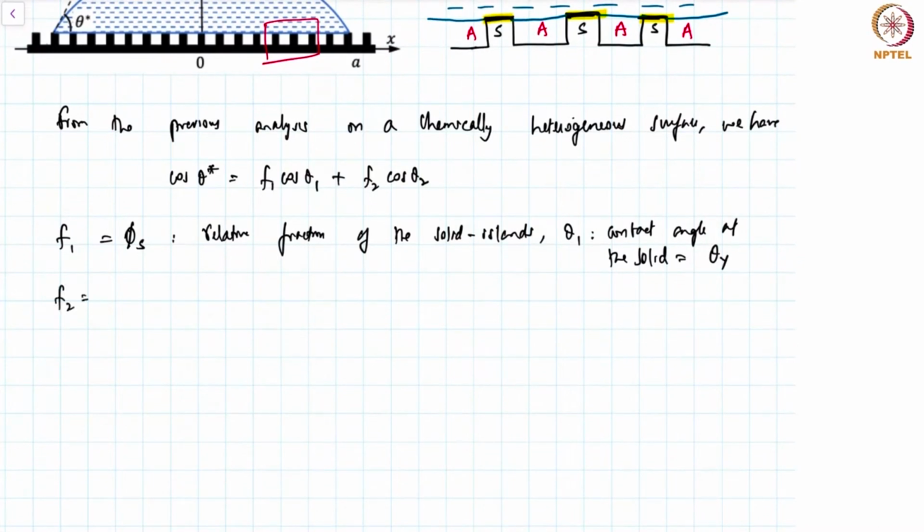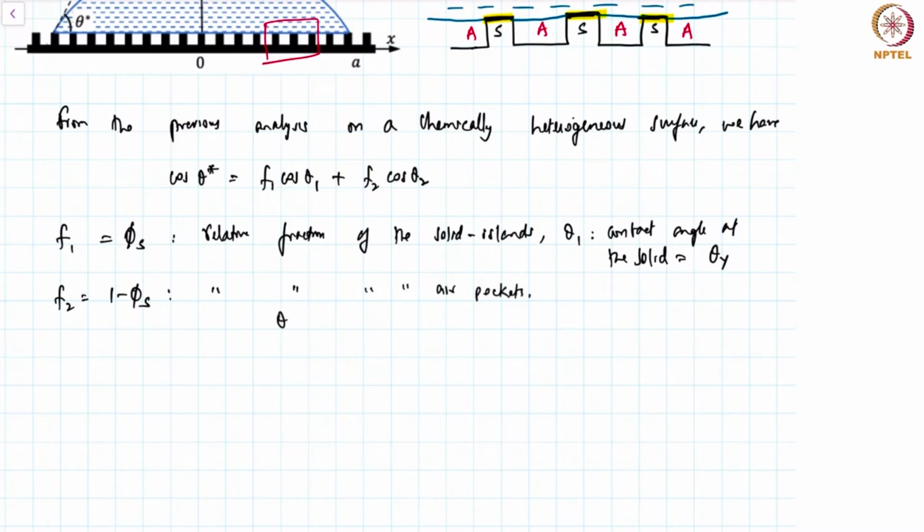f2 is nothing but 1 minus phi s, because if I take the entire surface, and the fraction of the surface which is occupied by these pillars is phi s, then the rest of it has to be air pockets. So this is the width of the air pockets. This is the relative fraction of the air pockets.